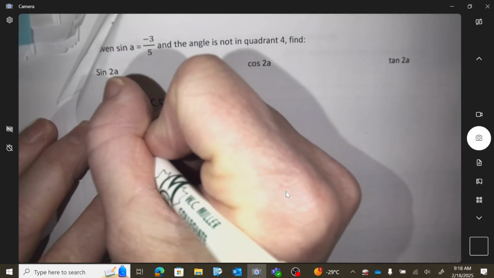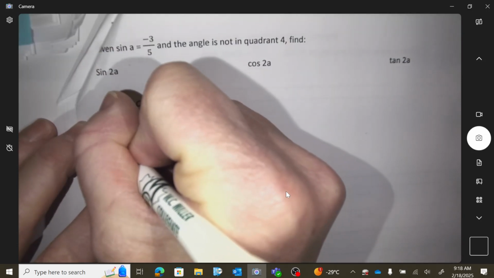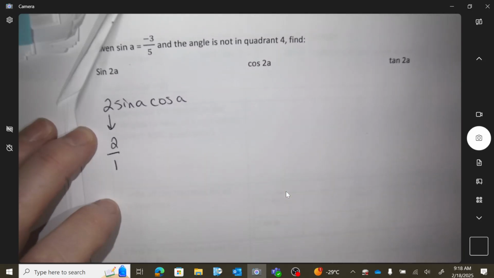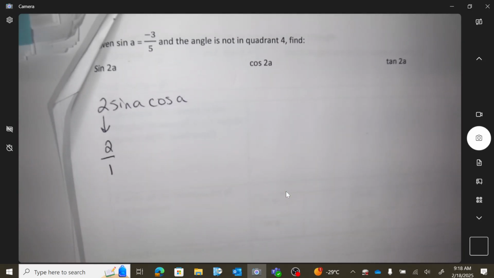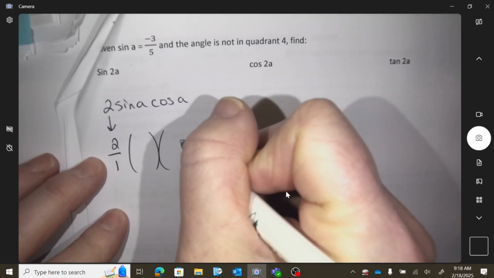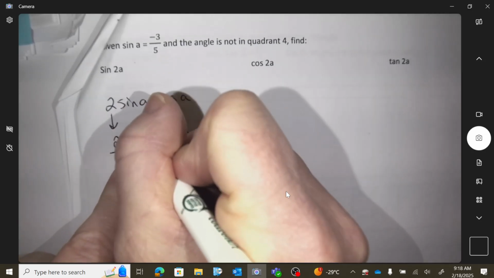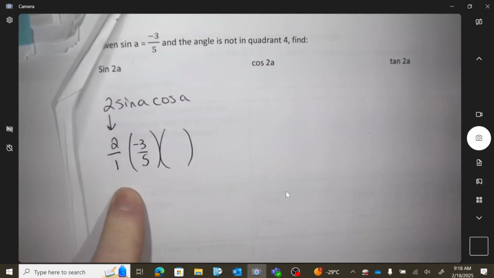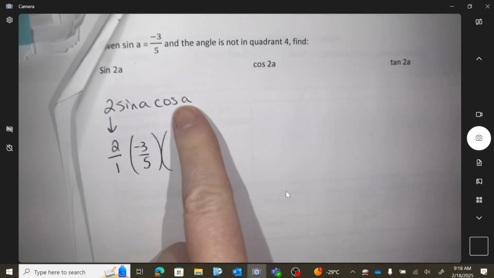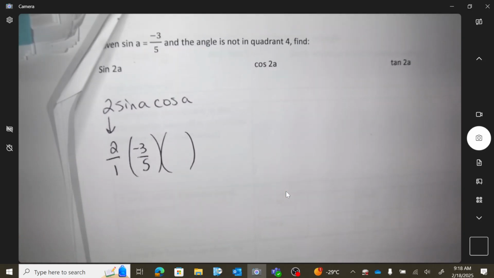Okay, I'm going to write 2, this is weird, but I'm going to write it as 2/1 because I'm going to deal with fractions, so I'm just going to make that a fraction. Brackets, brackets. Okay, what am I going to replace sine A with? -3/5. Okay, that was obviously the given. And what am I going to replace cos A with?